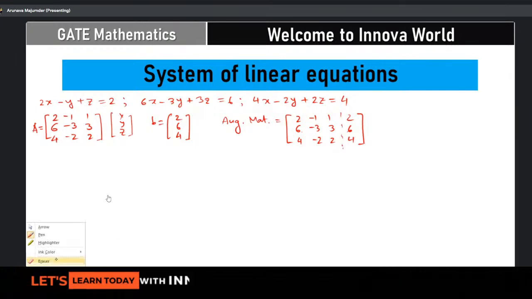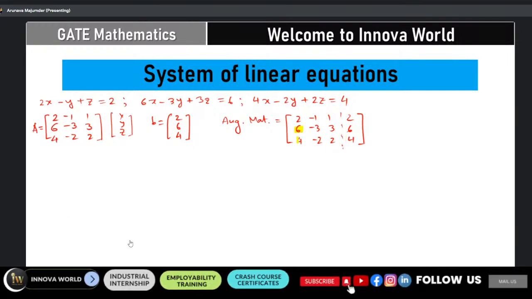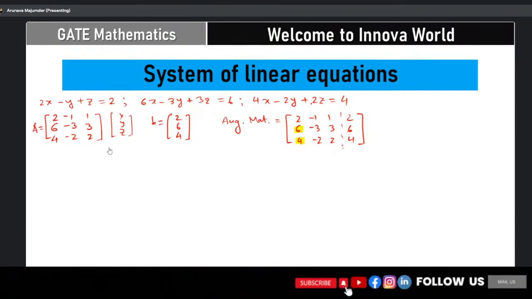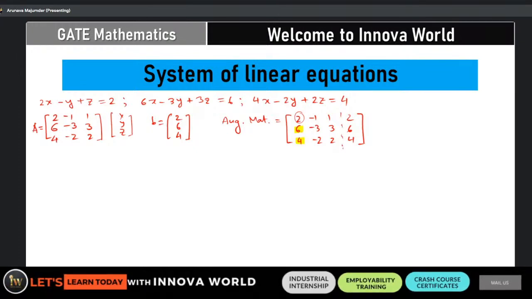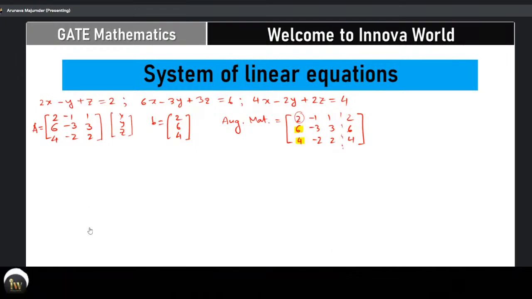Our target is to make these two elements, 6 and 4, as 0 with respect to the first row first element. So we can make the first row first element as 1, that is 1 by 2 into r1, that is row 1, or we can use different operations.